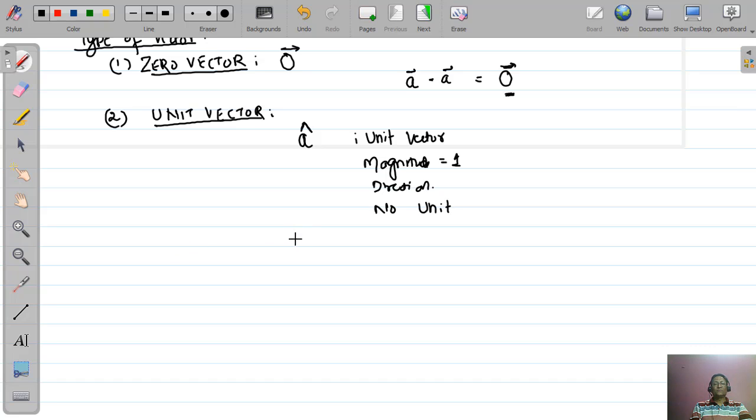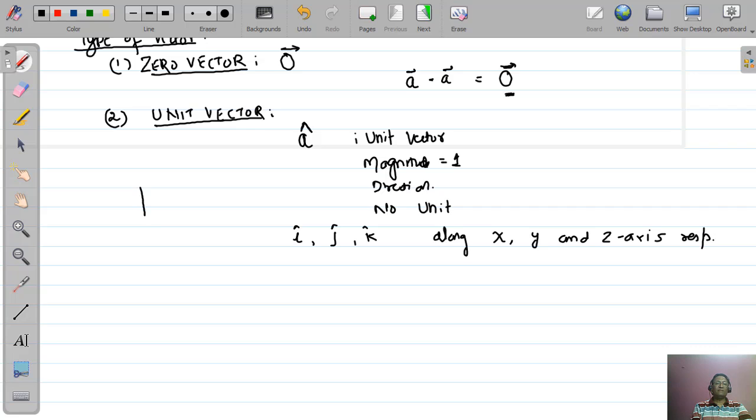We generally use three unit vectors i, j and k. These unit vectors are along x, y and z axis respectively.